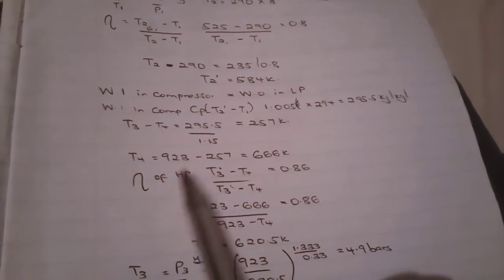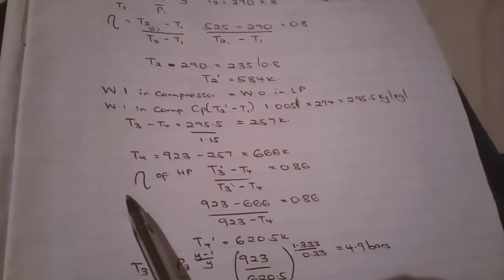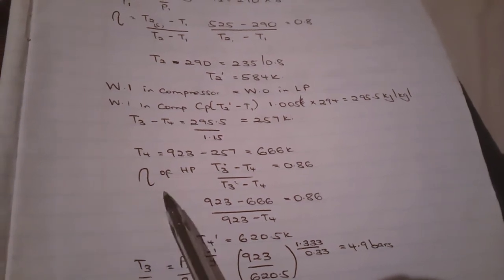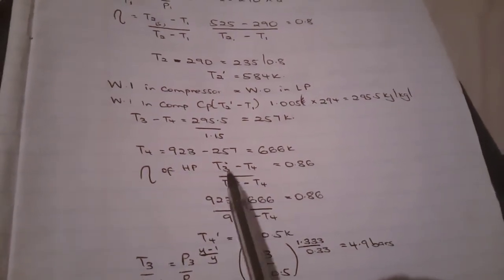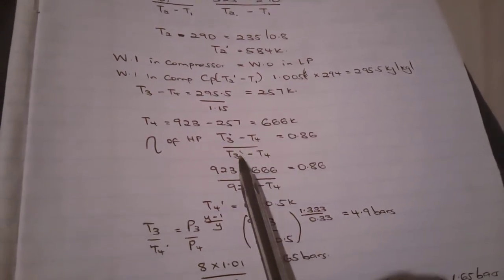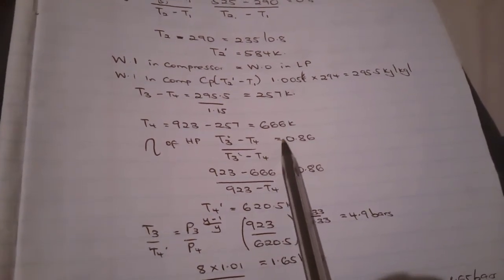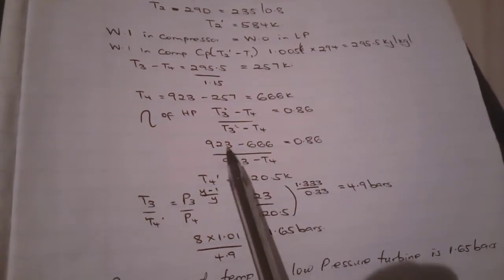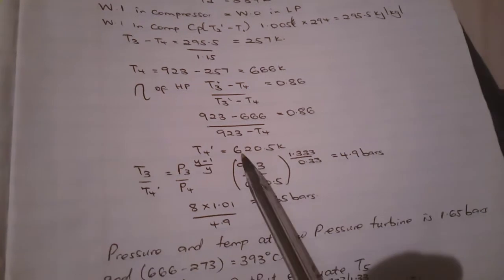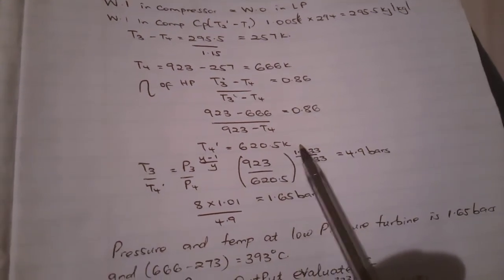To get T4 prime, the isentropic efficiency of the HP turbine is equal to T3 minus T4 prime over T3 minus T4, which is 0.83. After evaluating this, you get that T4 prime is 620.5 Kelvin.